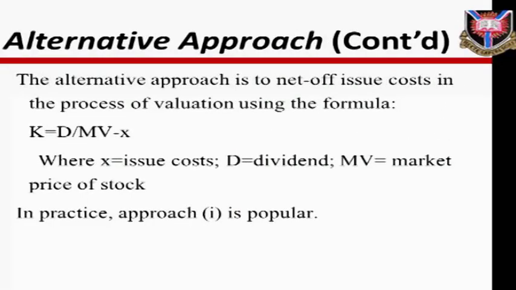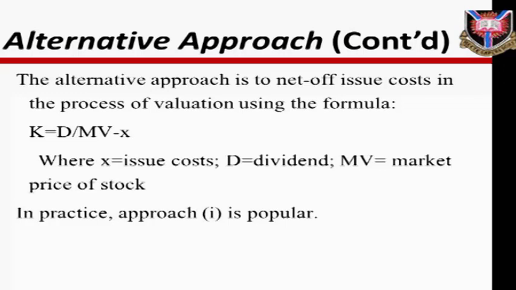Alternative approach. The alternative approach is to net off issue cost in the process of valuation using the formula K equals D divided by MV minus X, where X equals issue cost, D equals dividend, MV equals market price of stock.